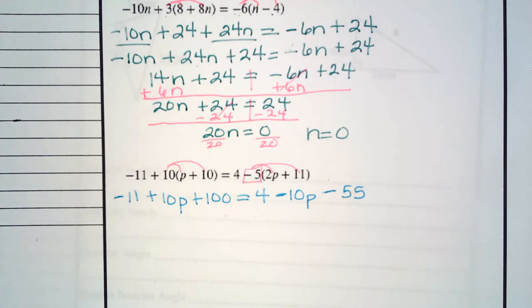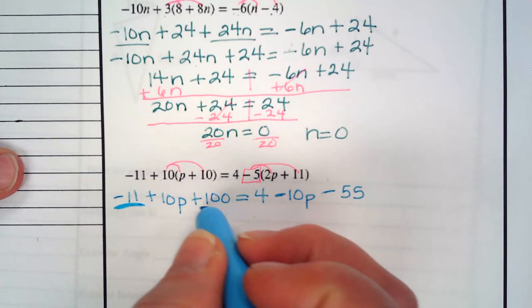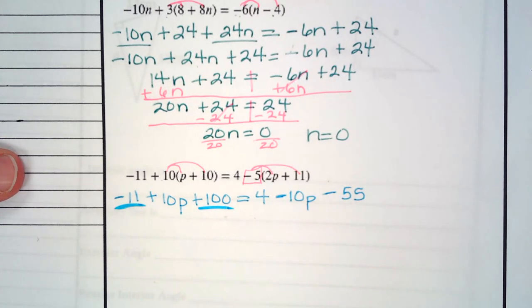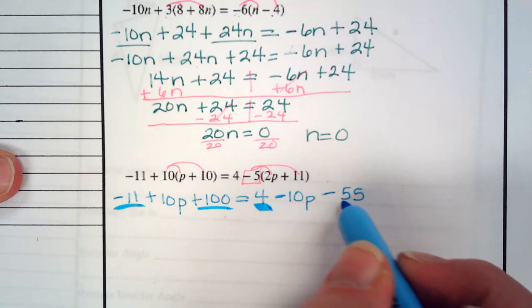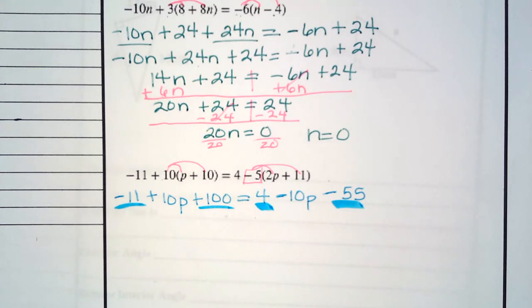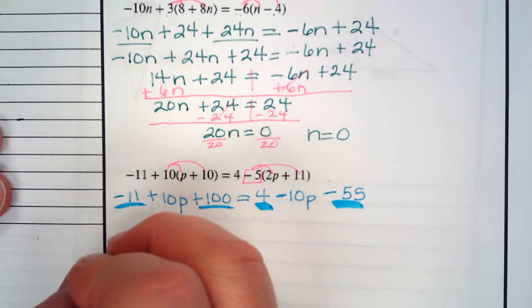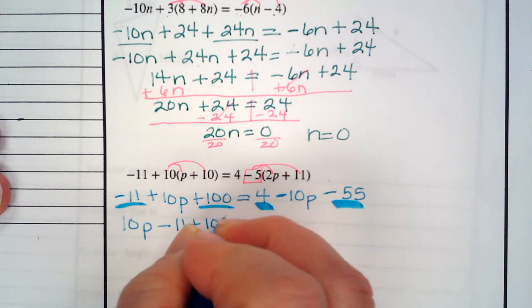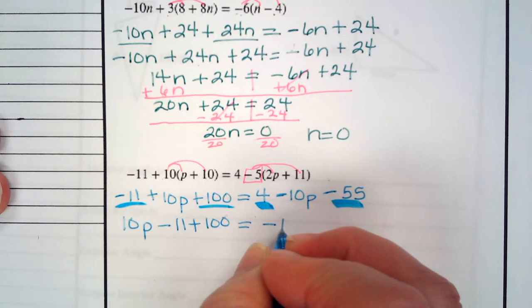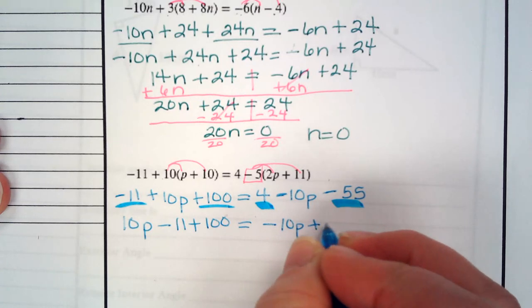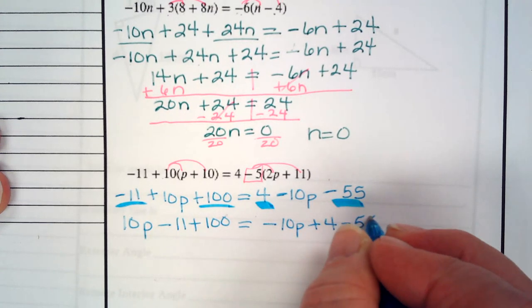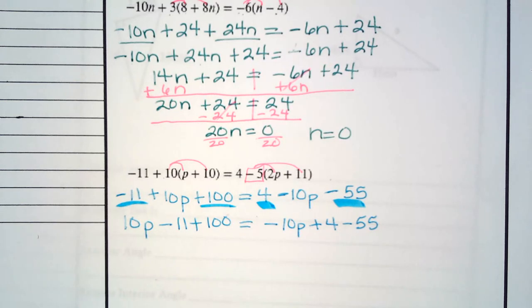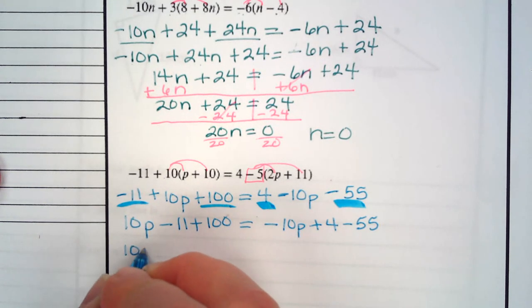Okay, let's combine our like terms. I've got numbers on this side, and I've also got numbers on this side. So 10p minus 11 plus 100 equals negative 10p plus 4 minus 55. 10p.